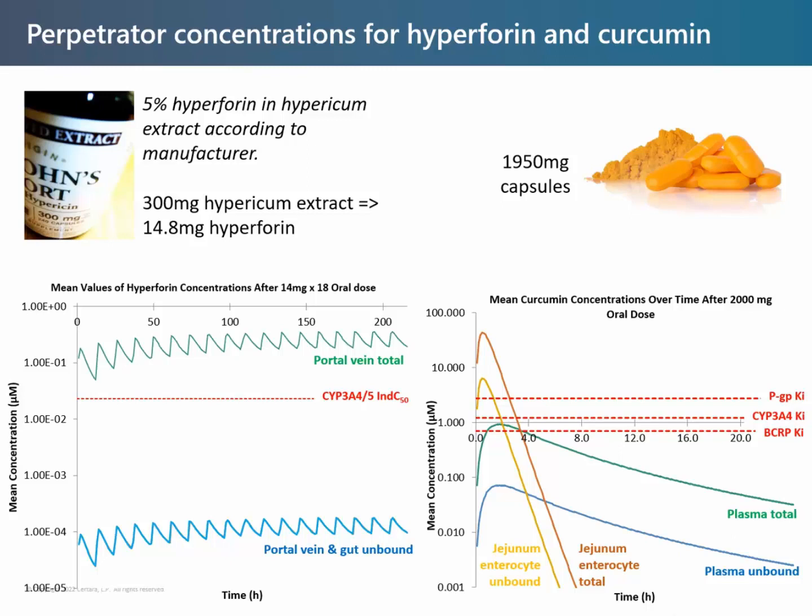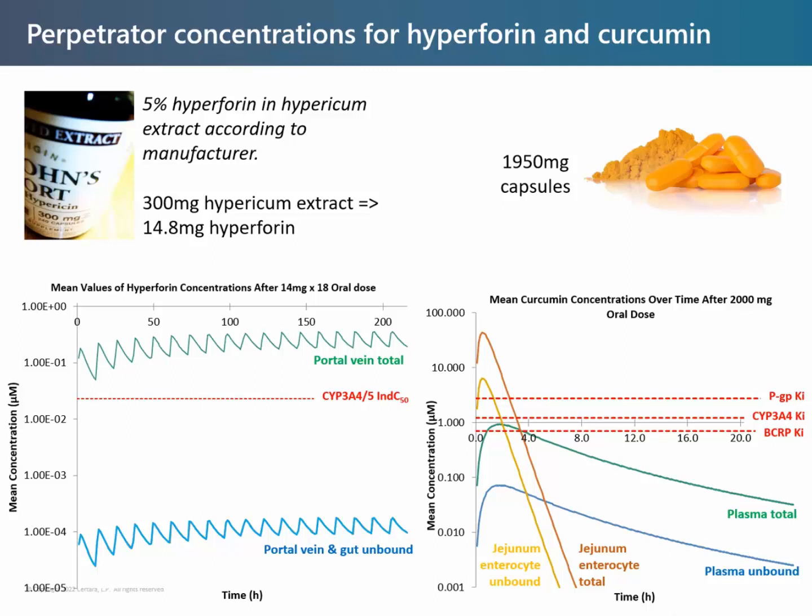And we can also start to do an analysis in terms of comparison against the potencies. So now what I want to stress is that estimating the exposure for hyperforin from St. John's wort and for curcumin from the supplemental tablets was generally quite straightforward. You could take the data that was reported by the manufacturer directly, or you could just take the data that was reported as the capsule dose.